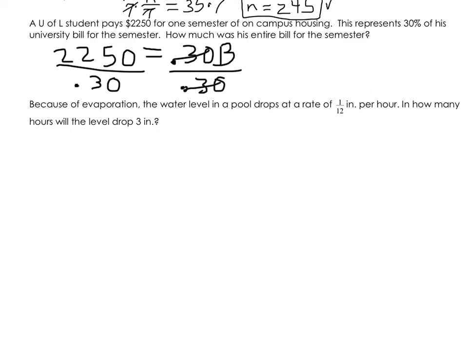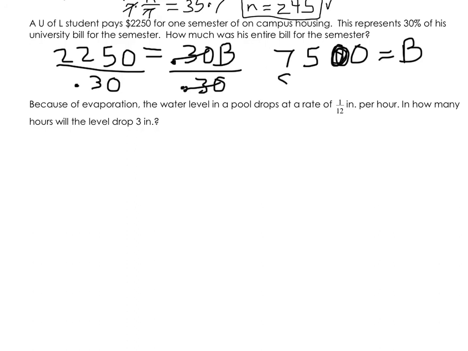How much do you expect the bill to be? If 2,250 is 30% of the bill, do you expect the bill to be more or less than 2,250? It should be more than 2,250, and in fact, when you divide 2,250 by 0.30, you should get 7,500 for the bill.